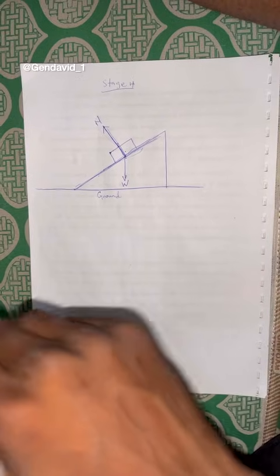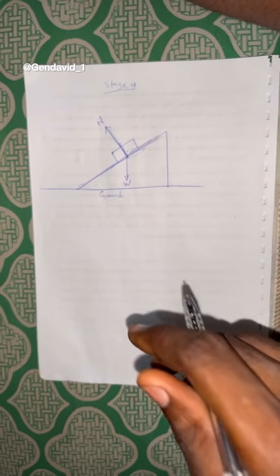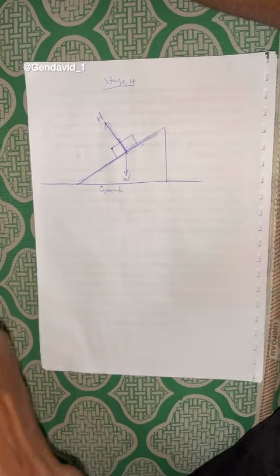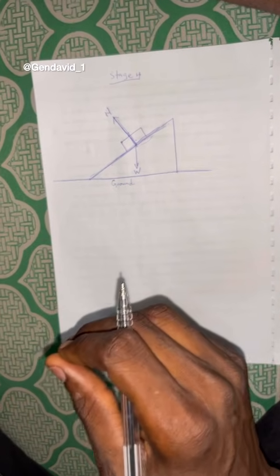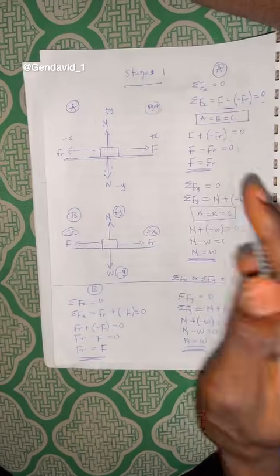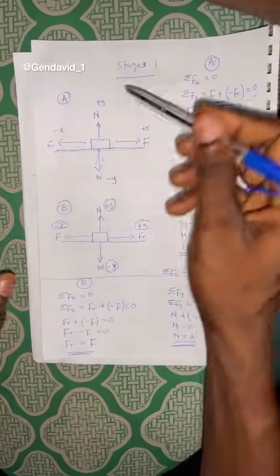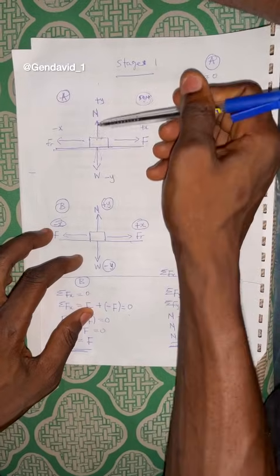Let me remind you of something. When I did the first one like this, I said that the weight is going like this because it's vertically downward. That's the first case.